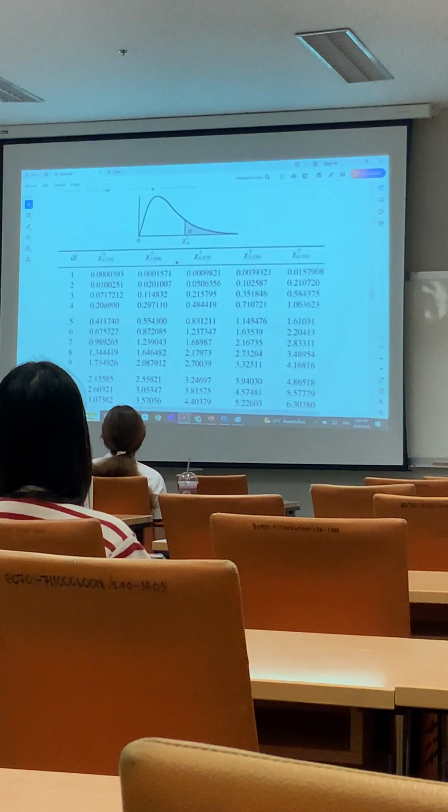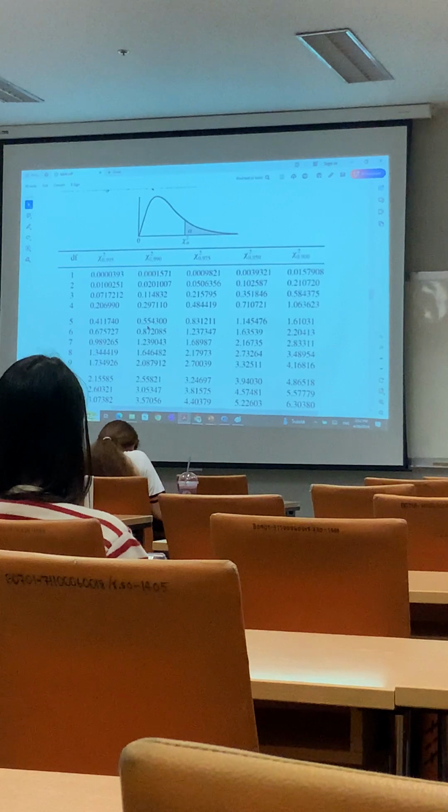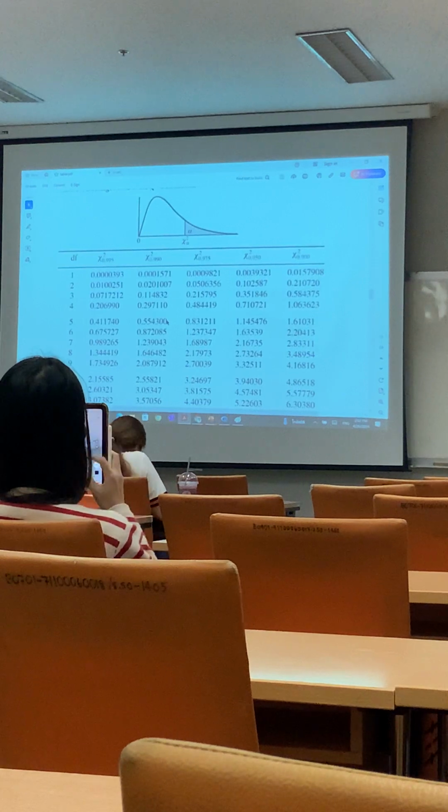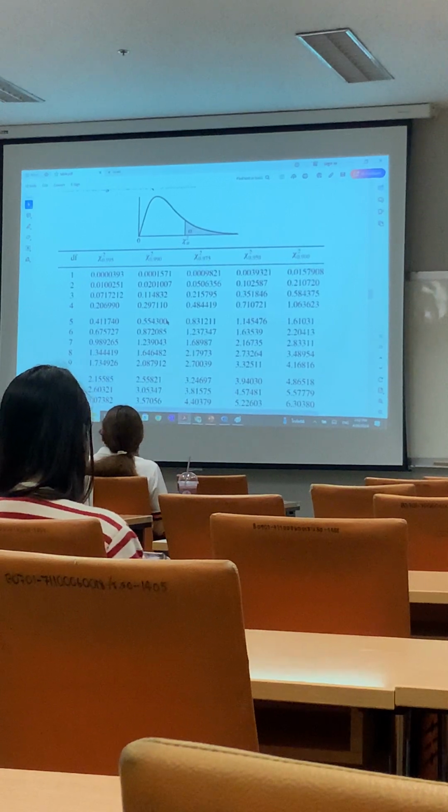So 99% is this column, and the degree of freedom is 5, so it's 0.5543 and then 00, this number. So it's not difficult. It's just that if you want the lower tail area, you have to be able to calculate the complement of that area.